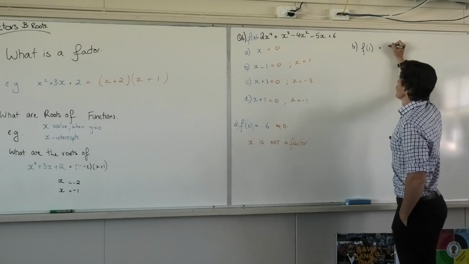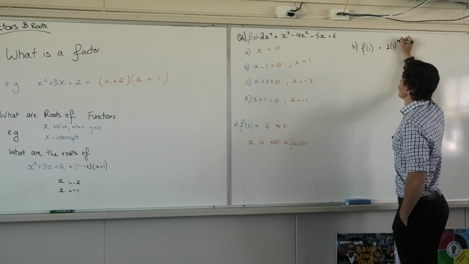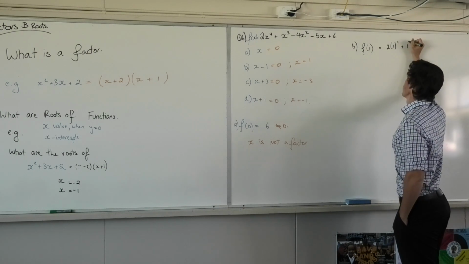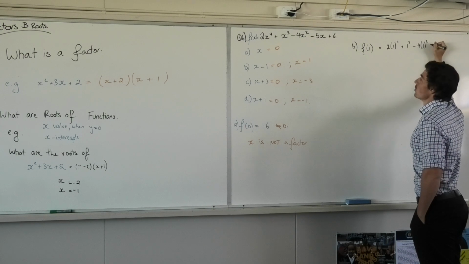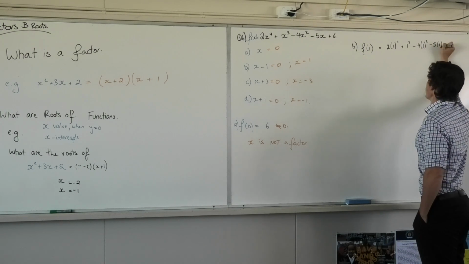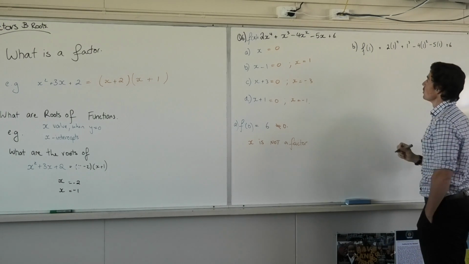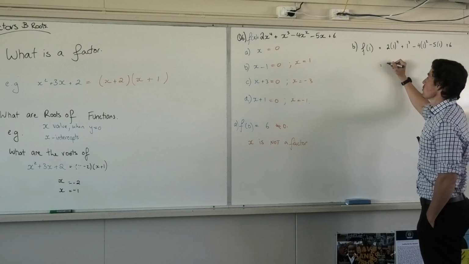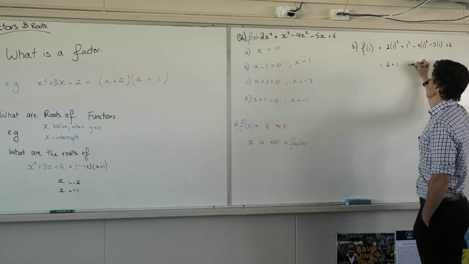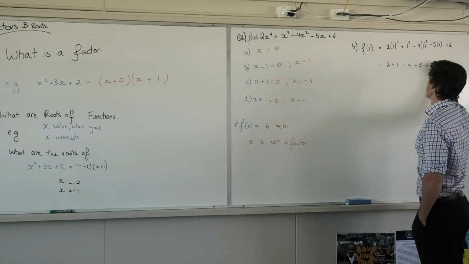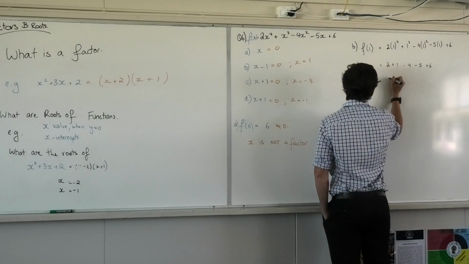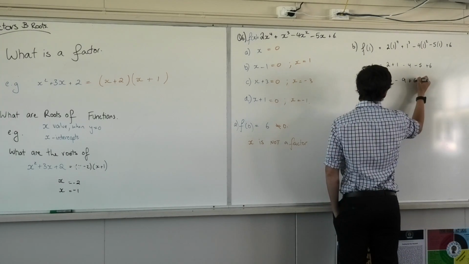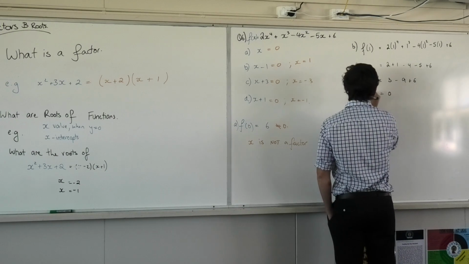So we're subbing our value, 2 times 1 to the power of 4 plus 1 to the power of 3 minus 4 times 1 to the power of 2 minus 5 times 1 plus 6. It's going to be 2 plus 1 minus 4 minus 5 plus 6. 3 minus 9 plus 6, 0.